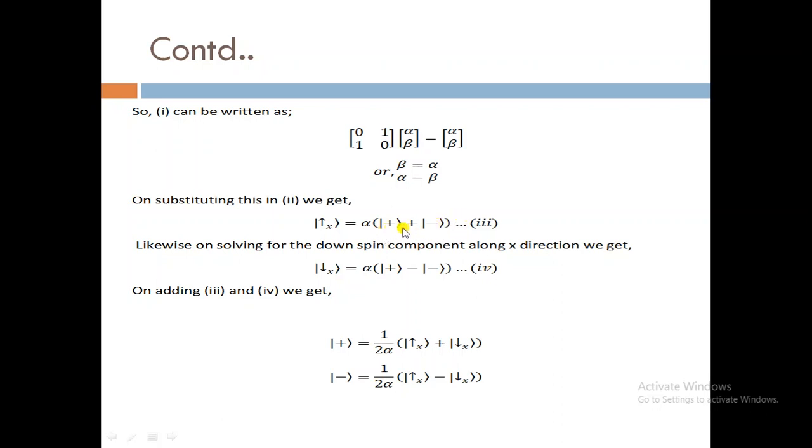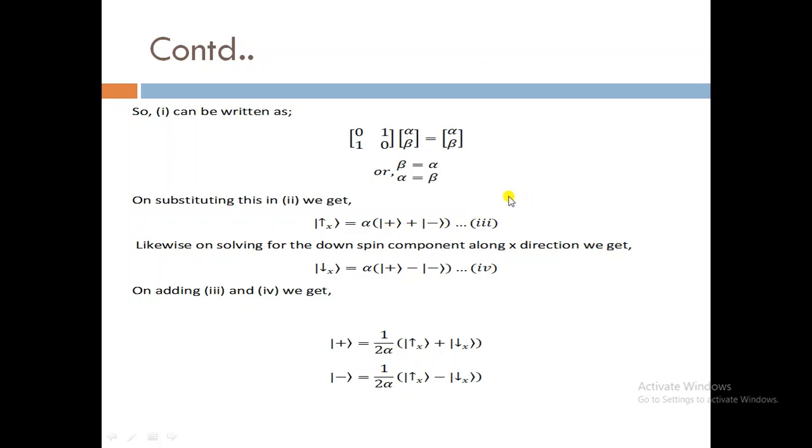So on multiplying alpha into alpha star, that would be alpha square, and plus into minus, that would be 0. Likewise, minus plus equal to 0, plus minus also 0, and minus minus equal to 1.